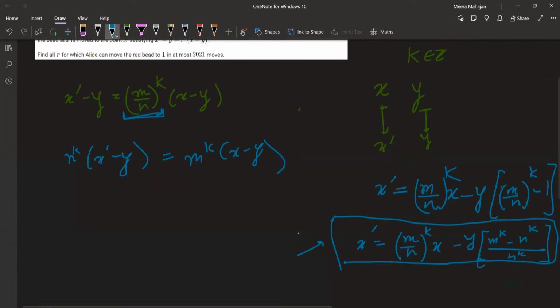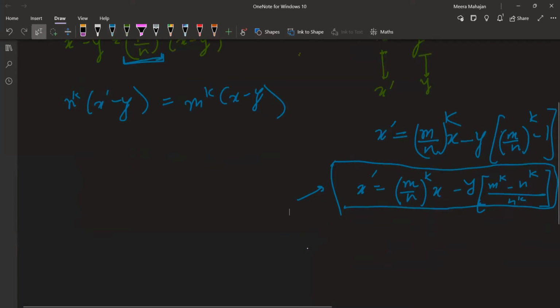Try to focus on this equation. So basically we want to somehow ignore this term. Can you think of a way that you can relate these two terms?